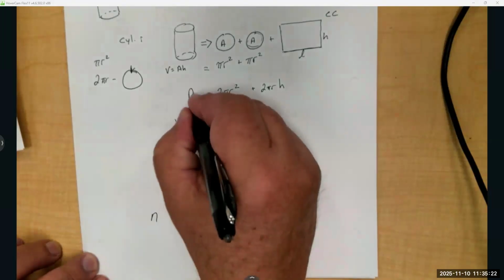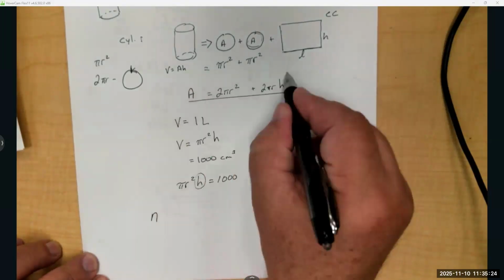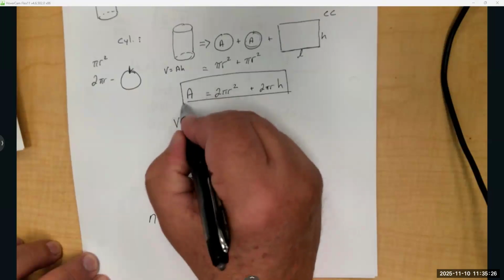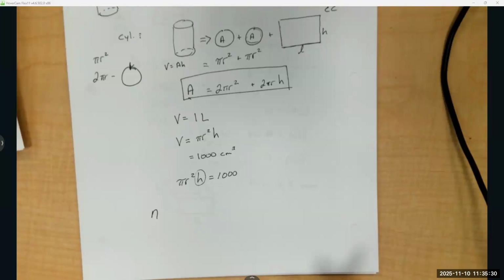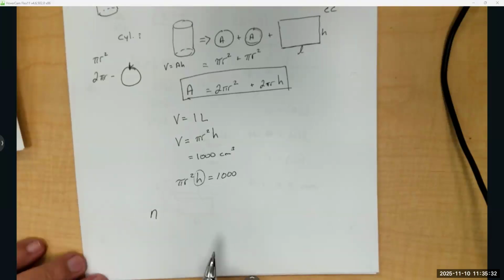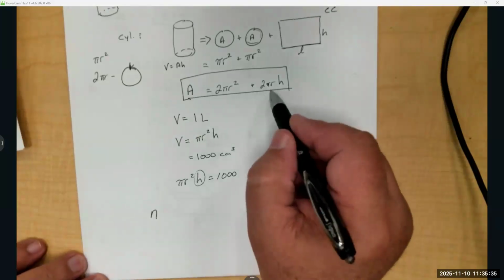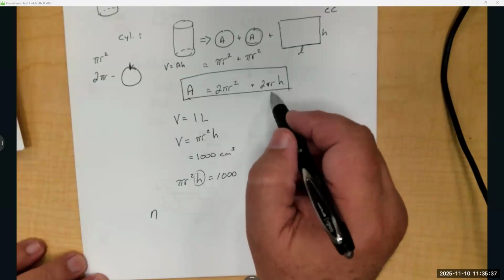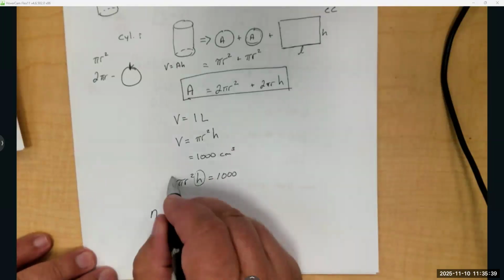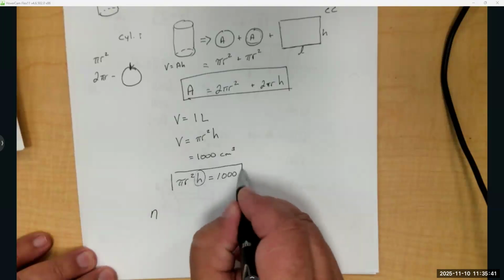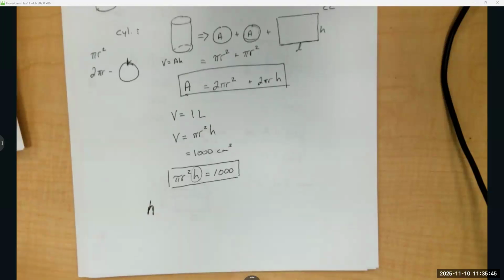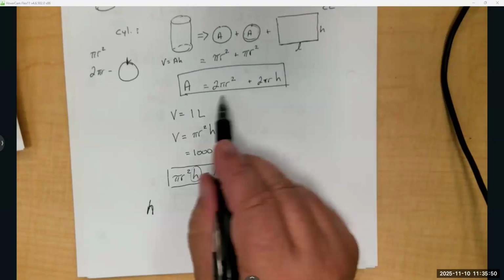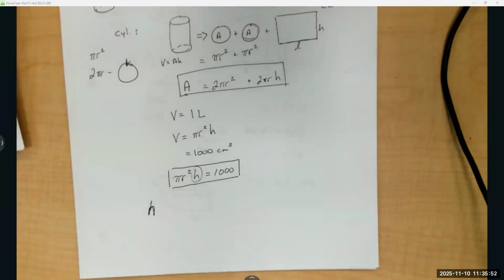So we have the area formula here. We have this formula here. Let's solve for H. That's the only thing that's the outlier in those 2 equations.